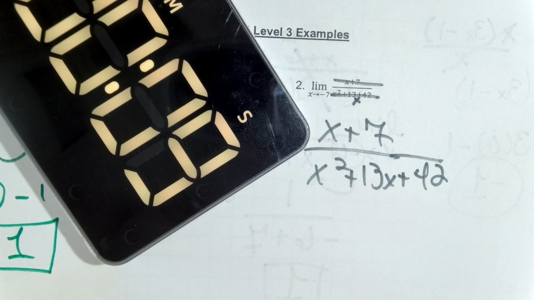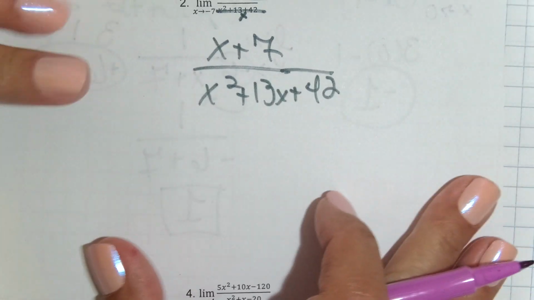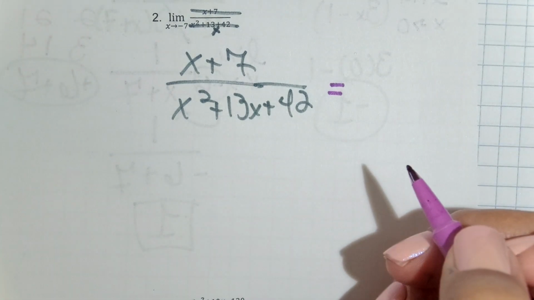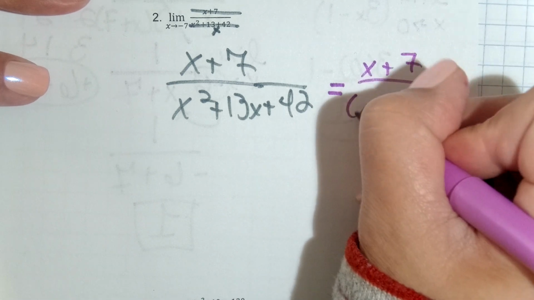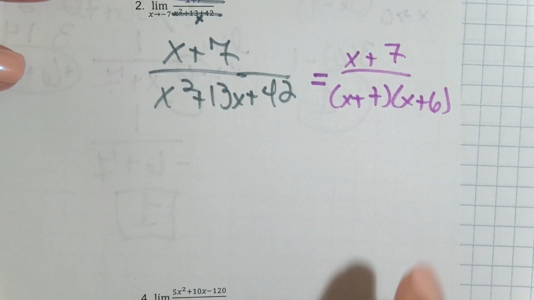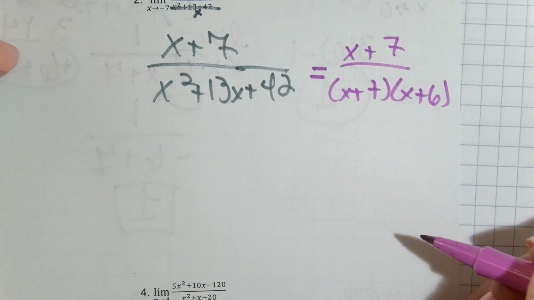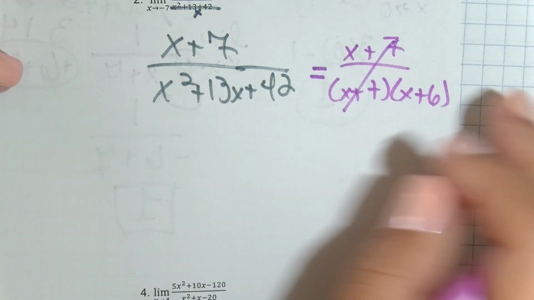All right, seniors. Let's quickly do this. You ready? The factors of 42 that add to be 13 are what? 6 and 7. So that's going to be x plus 7 over x plus 7, x plus 6. What do I do then? Cancel the common factors.